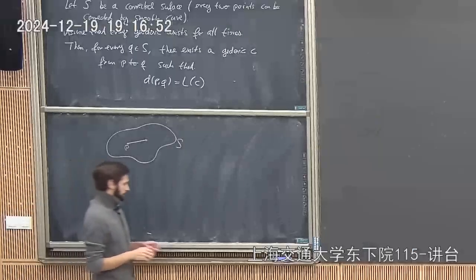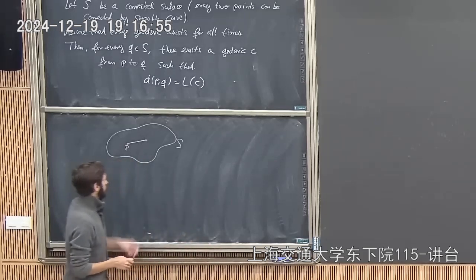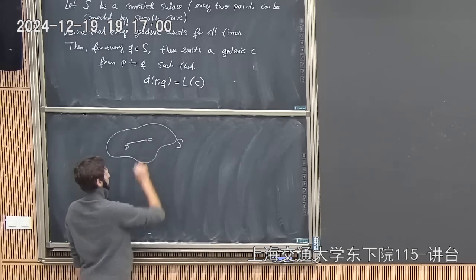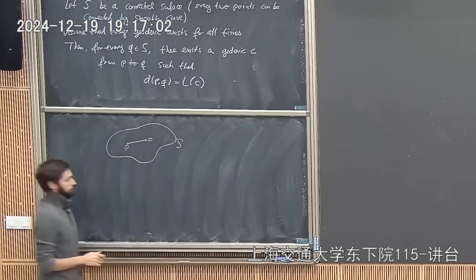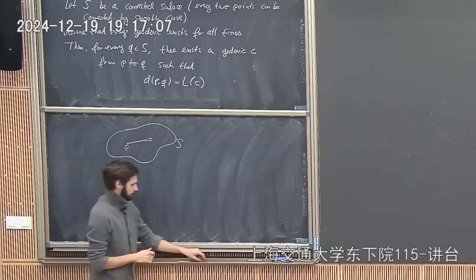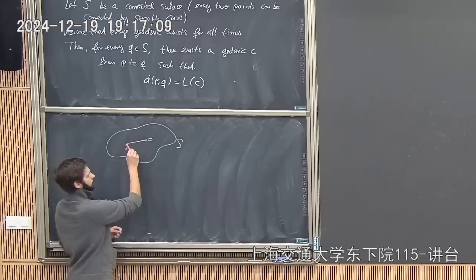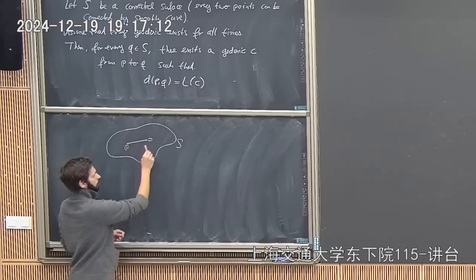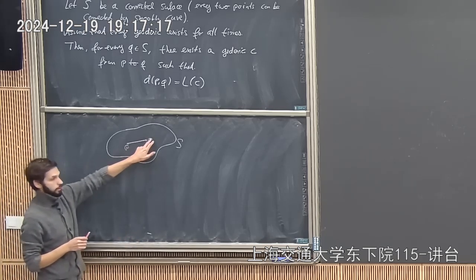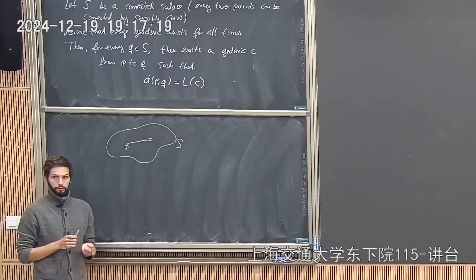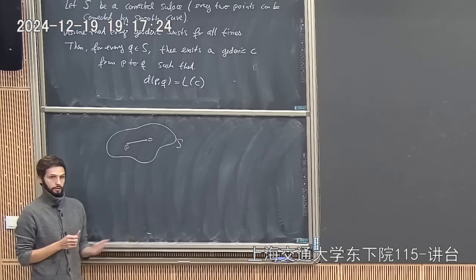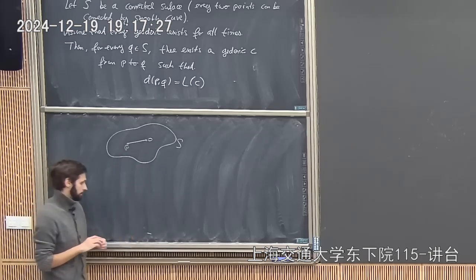So now I'm very mean, and I consider the surface, but I remove one point, which happens to be exactly in the straight line from P that I chose. Then the geodesic is still a straight line in this direction, but it's not defined for all times, because at some point it will hit this point which is no longer an element of the surface. So at that time, the geodesic will just stop, and you can't continue the geodesic in this direction.